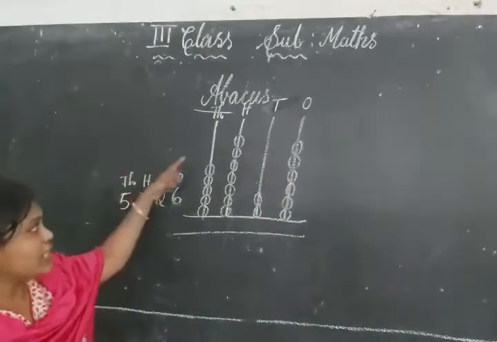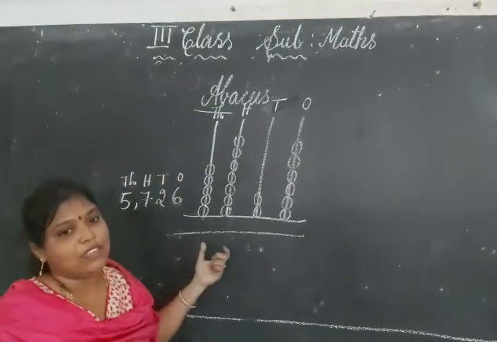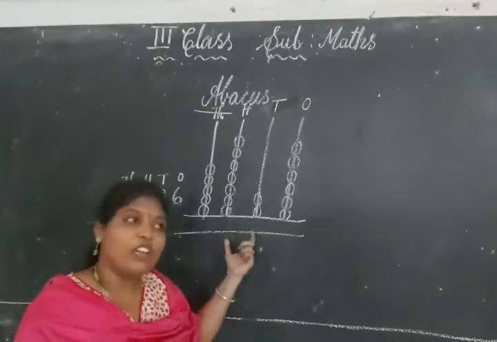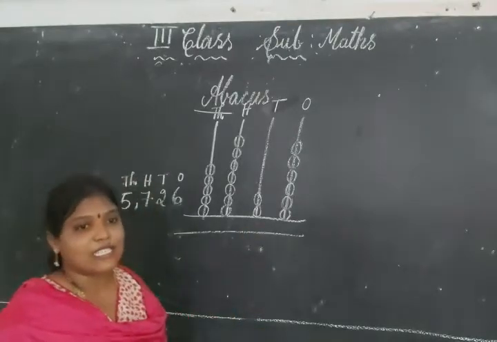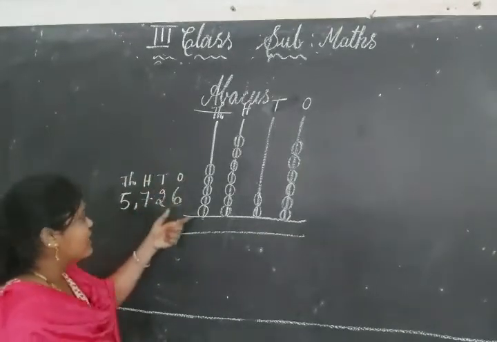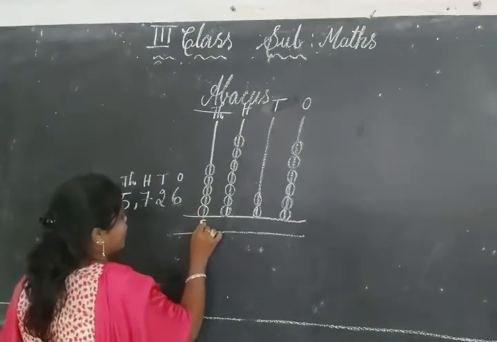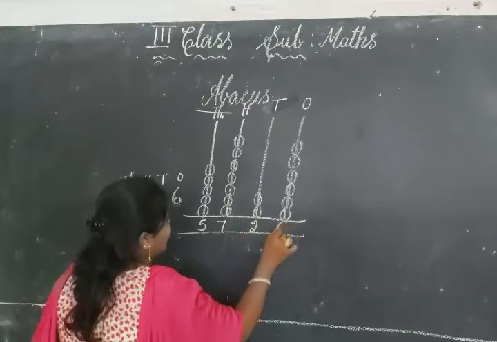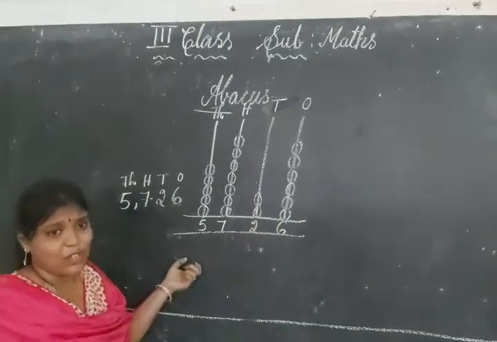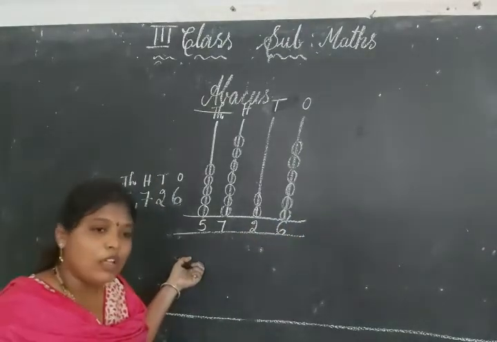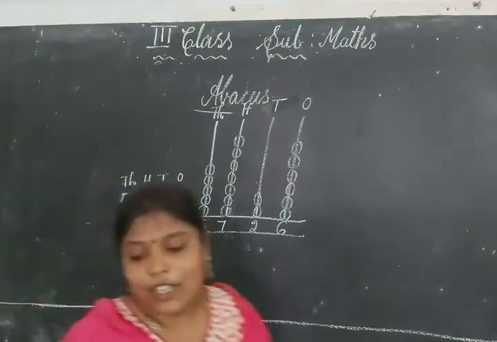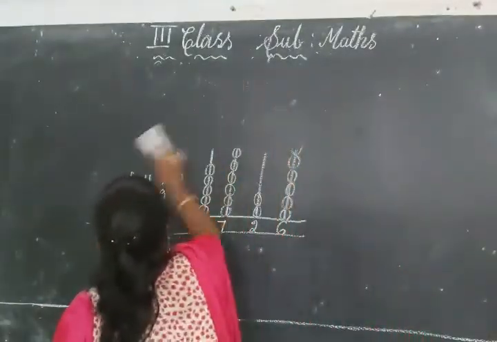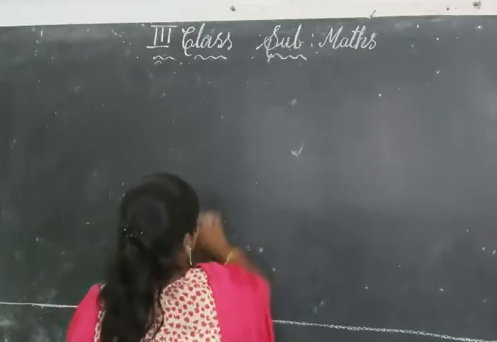So children, this is how we represent numbers on abacus. Anyway, you have already learned this in your second standard. Children, write the digits also here. We have drawn 5 beads and 7 beads, 2 and 6. So, we can write the number also down like this. Okay, now we got how to represent a number on abacus.